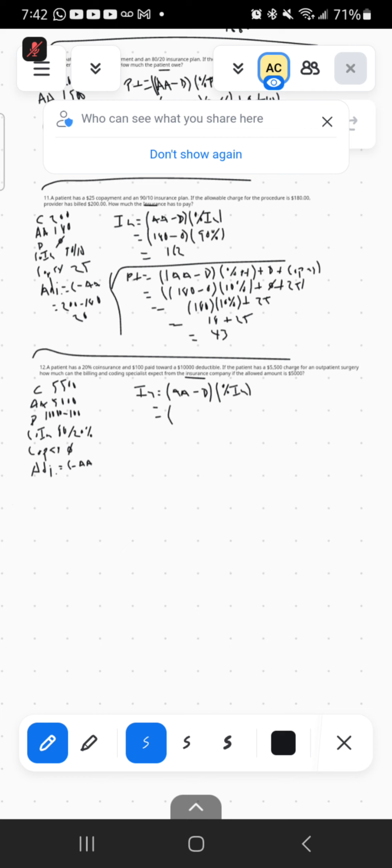We plug in the numbers. The allowed amount is $5,000. Deductible is $9,900. You plug that in, and then you want to multiply that by 80%.